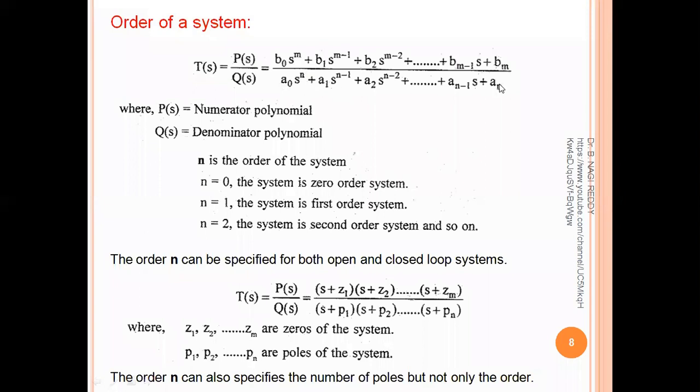So here the denominator has power N, so N is the maximum power of the denominator, and the order of this system will be nth order.